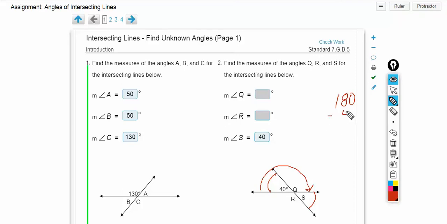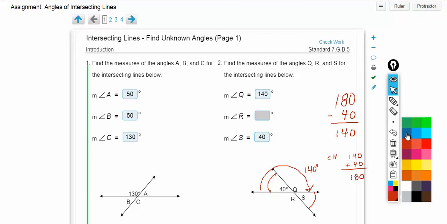Part of it is 40 degrees, so if I subtract, I'm going to get 140 degrees. I could also check that 140 plus 40 gives me 180. So angle Q is 140 degrees.